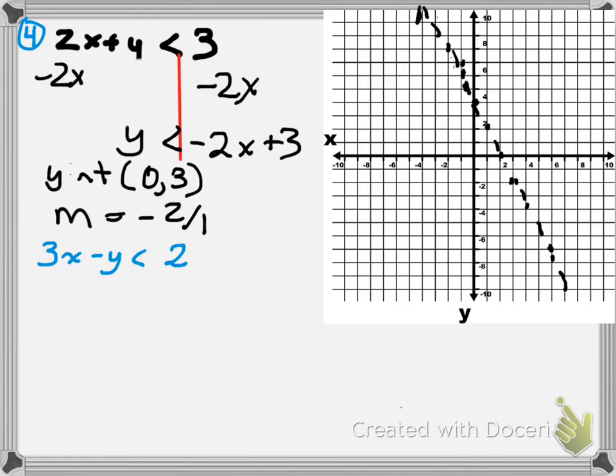And am I going to shade above or below this black line? Below, because it's less than. So on this blue line, what do I need to do first to get it solved for y? We have negative y is less than negative 3x plus 2, because that is a positive 2.